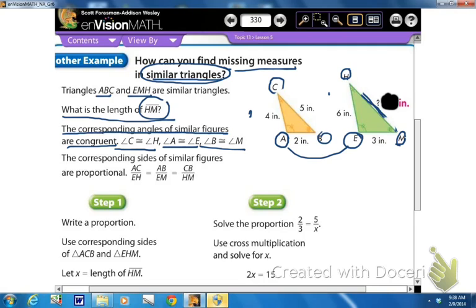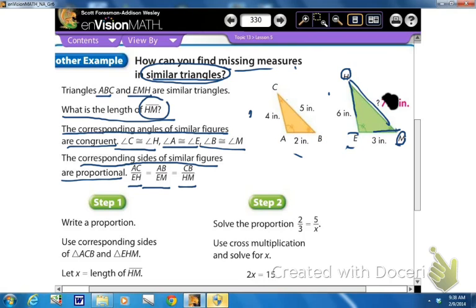Because of that, corresponding sides of these similar figures are proportional. So that means, like they say here, AC over EH is going to equal, just picking two other corresponding sides, AB over EM, or I could say CB over HM.